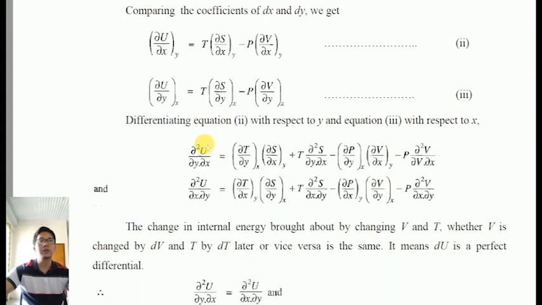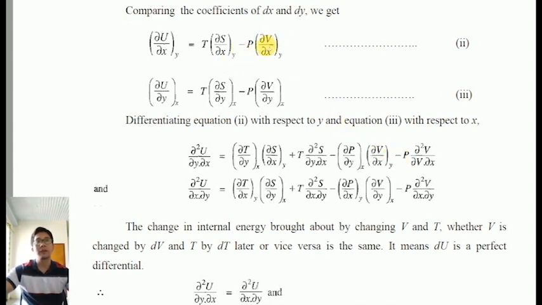Now differentiating equation 2 with respect to y and equation 3 with respect to x. We get del square U by del y del x equal to, first you differentiate T with respect to y, and we have this one, plus differentiation of the second part, del square S by del y del x into T, minus differentiation of P, minus again, because this is minus, the plus sign should become minus.